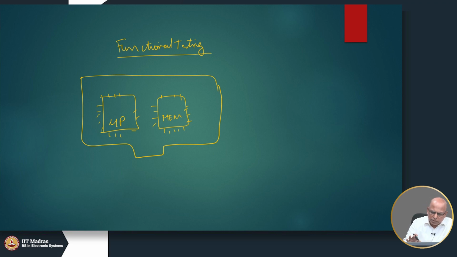But after you plug everything and you turn on the switch, suppose it does not do whatever it is supposed to do. Some lights have to blink, and there may be a keyboard that you have provided, and when you push those keys, something is to happen, right. Now, let us say those things are not happening.